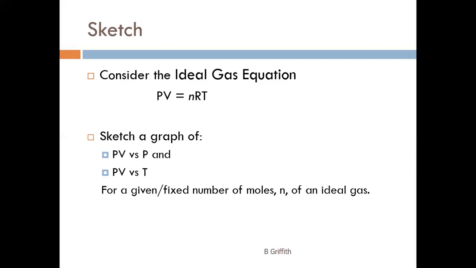If we were to plot PV versus P or PV versus T, what does that graph look like if n is constant and R is a constant value because it is the molar gas constant? So pause the video, take a few minutes, sketch the graph, and then restart the video and move on. I hope you are actually doing so. If you're not, there's nothing I can do about it.